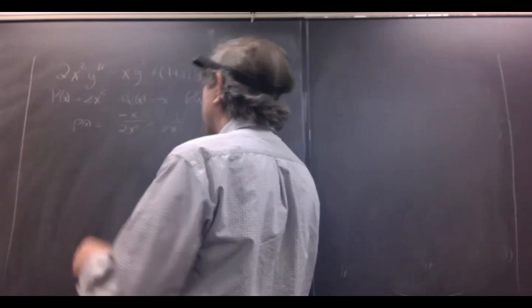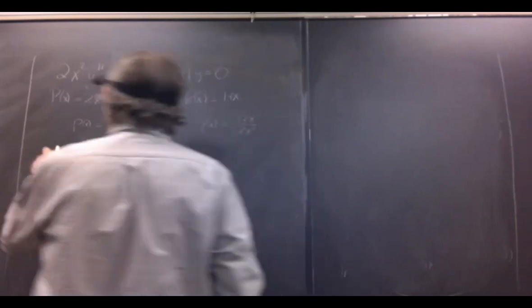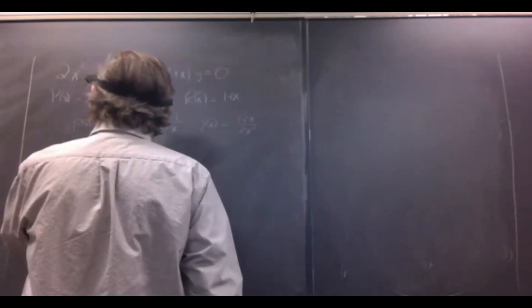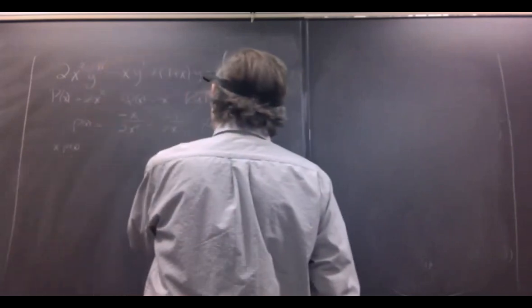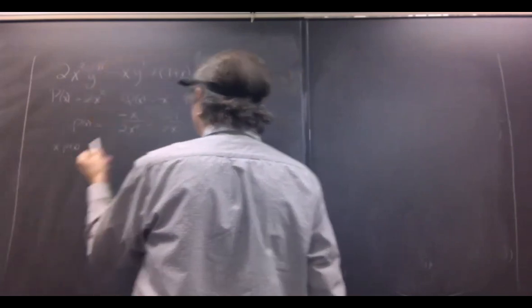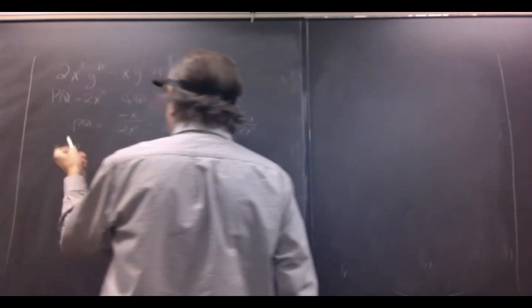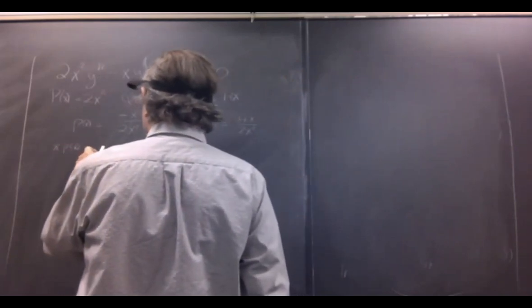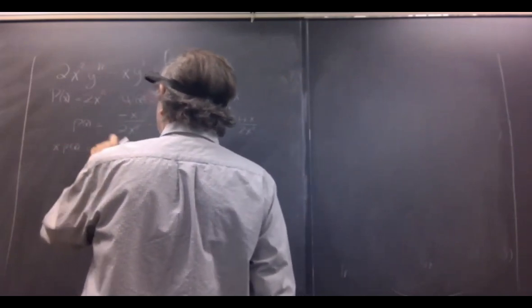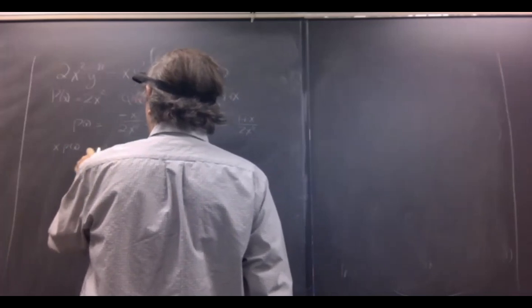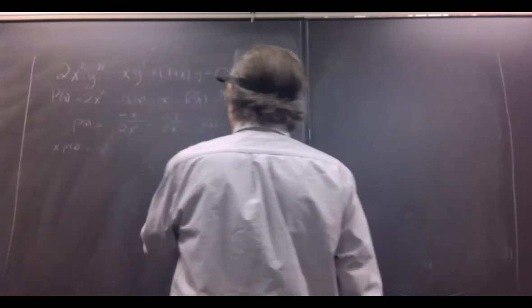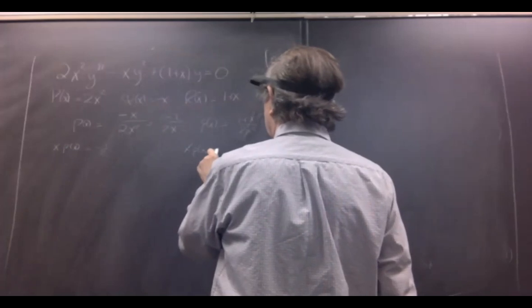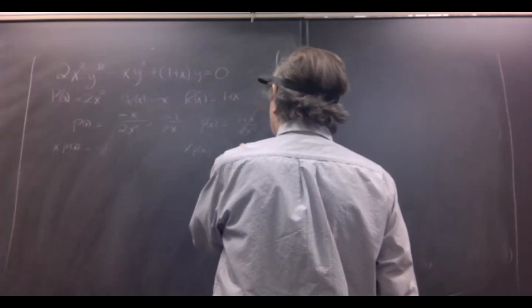And what we found out is we can solve this problem if x p of x and x squared q of x are analytic. In this particular case, the x p of x is minus a half, and the x squared q of x is 1/2 plus 1/2 x.